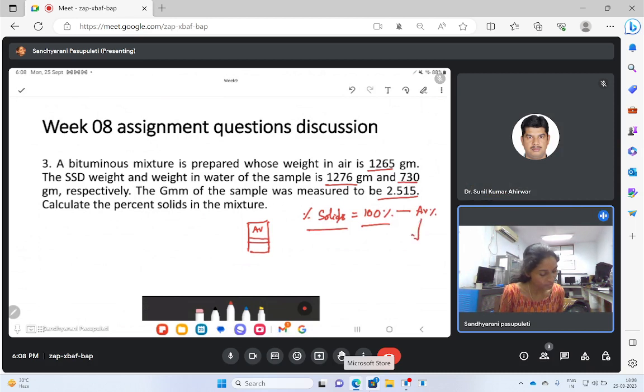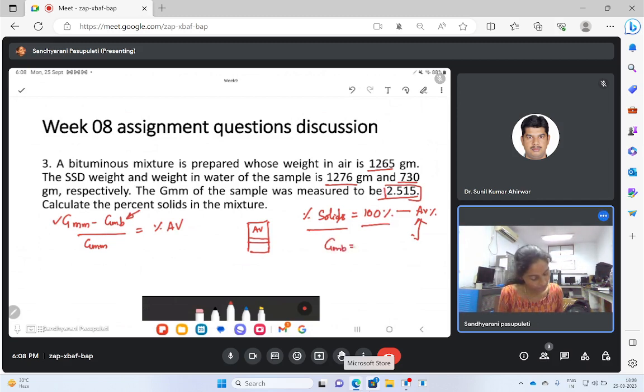So how to calculate the percentage of air voids? (GMM minus GMB) by GMM will give the percentage of air voids. GMM is already given in the question, which is 2.515, but they have not given GMB. So how to calculate the GMB?